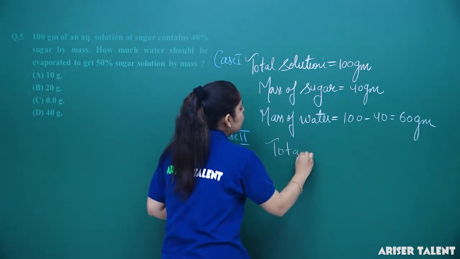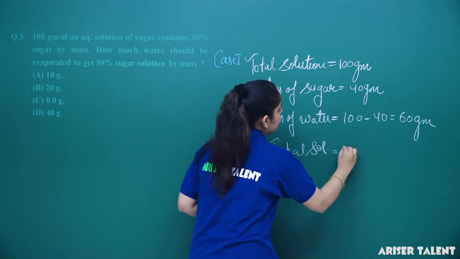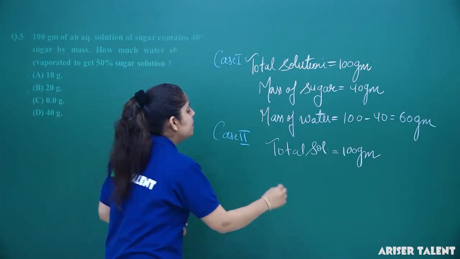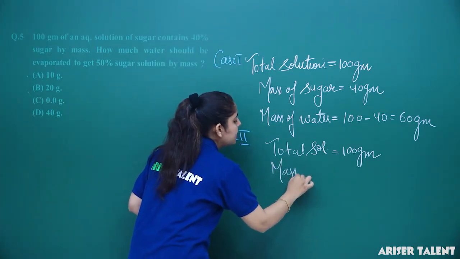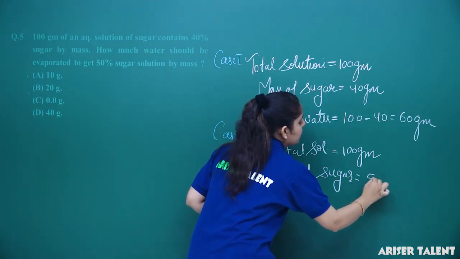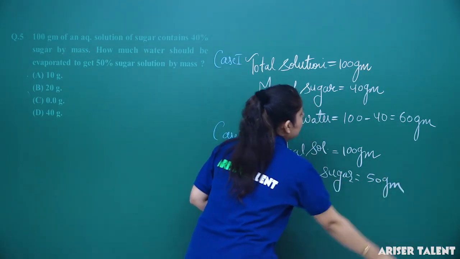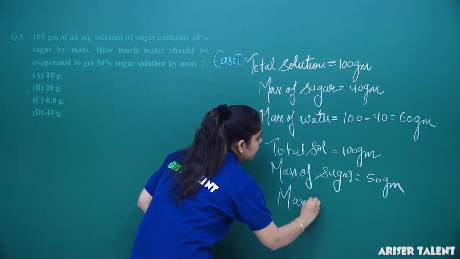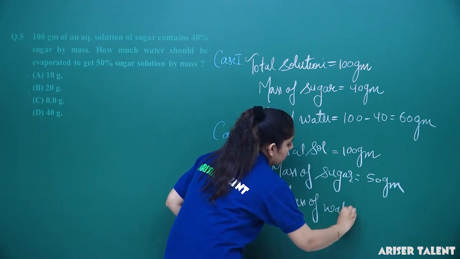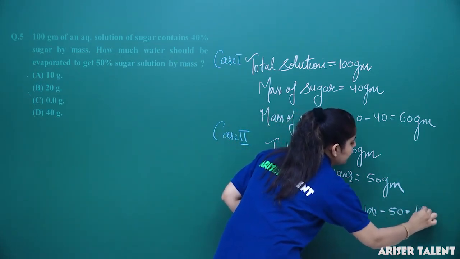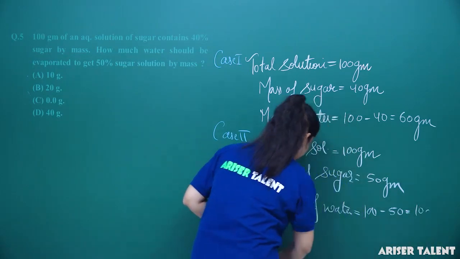Again, the total solution is 100 gram, and the mass of the sugar you want is 50%. So the mass of the sugar will be 50 gram. Now, the mass of water will be 100 minus 50, that is equal to 50 gram.